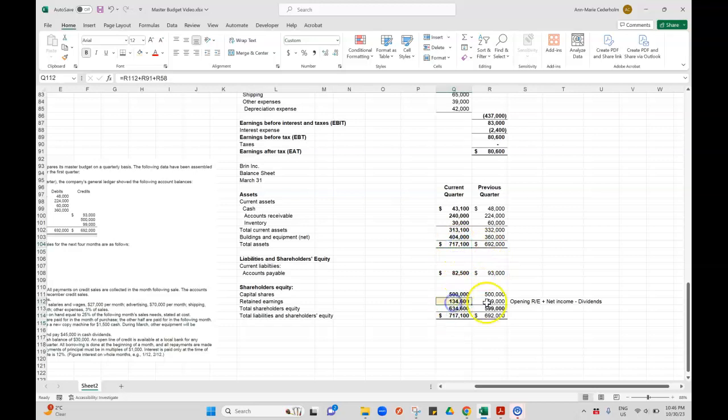So yeah, you can plug that, but I like to work it just to make sure that you didn't make any mistakes, because this is where we'll find out if we made a mistake. And then just to show you how I did buildings and equipment, I did previous year. Then I add my equipment purchases, and then subtract out your depreciation.